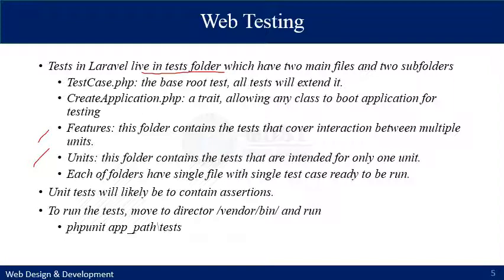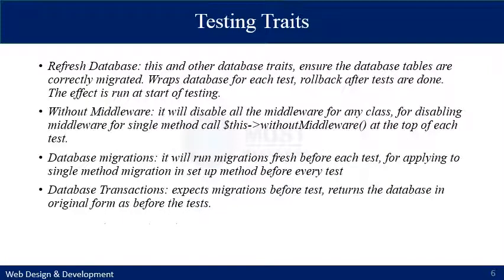Unit testing will likely contain assertions. To run the test, you have to move to the directory called vendor/bin and run phpunit app-path/tests. You can use a number of testing traits that can help you build or test a number of applications.